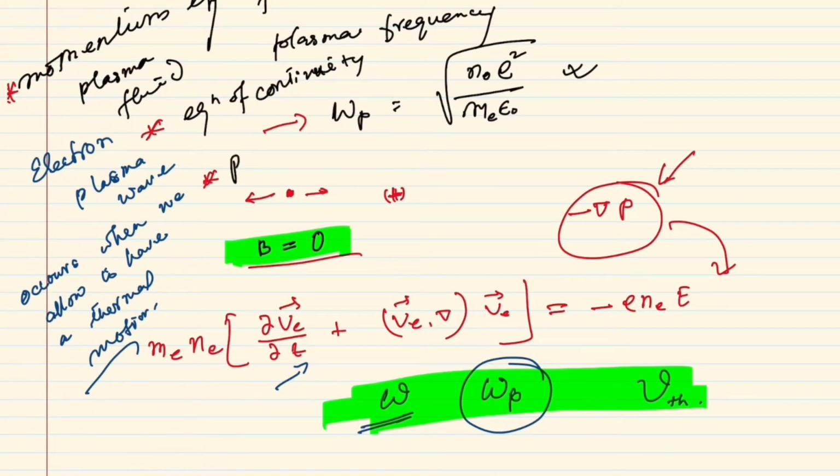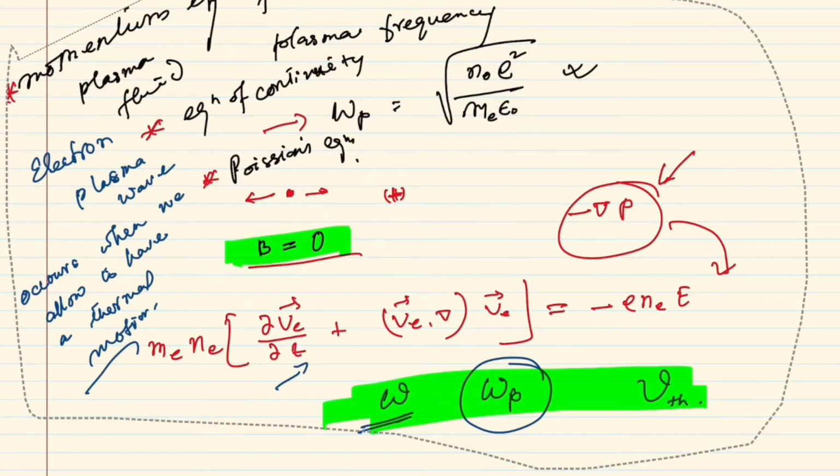We need these three equations to obtain the relationship between omega, omega p and Vth, where Vth is the thermal velocity and omega p is the plasma frequency. We will proceed in the same way as we did in lecture 15. Let me clean the page now.